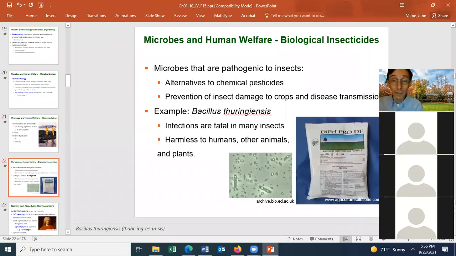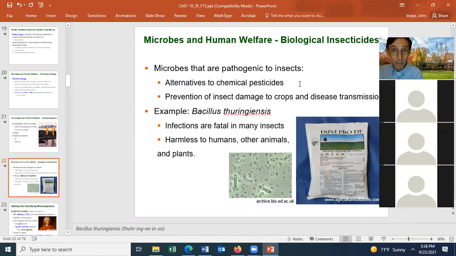Microbes can be useful in that we can use them as biological insecticides. There are some microbes that are pathogenic to insects, and they can be an alternative to man-made chemical pesticides. Generally, the biological insecticides are not as toxic or as harmful to the environment as the chemical pesticides. And they can be as successful in reducing crop damage and disease transmission as the chemical pesticides.